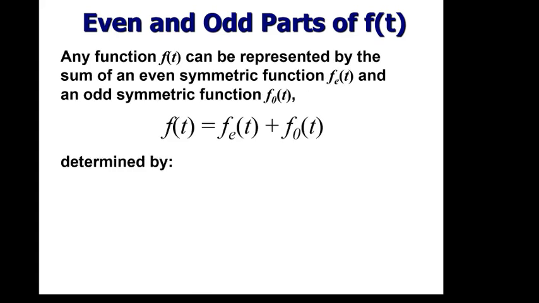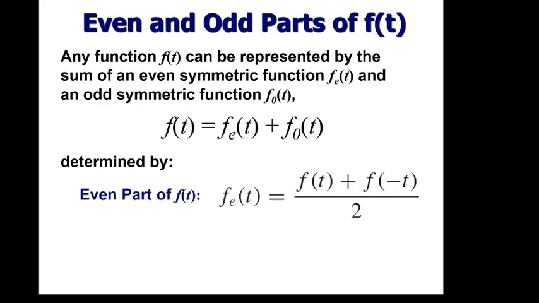Said another way, any function f of t can be represented by the sum of an even symmetric function we'll call f sub e of t, and an odd symmetric function we'll call f sub o of t, as long as we determine them with specific formulas. The even symmetric signal will take the original function f of t, add to it a time-reversed version of f of t, and divide that sum by 2.